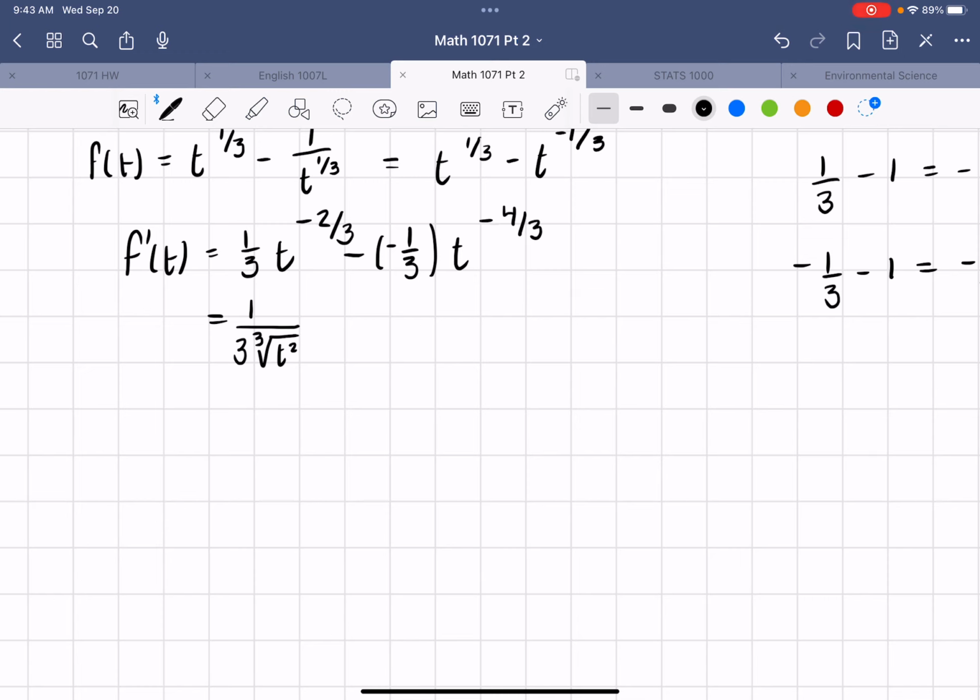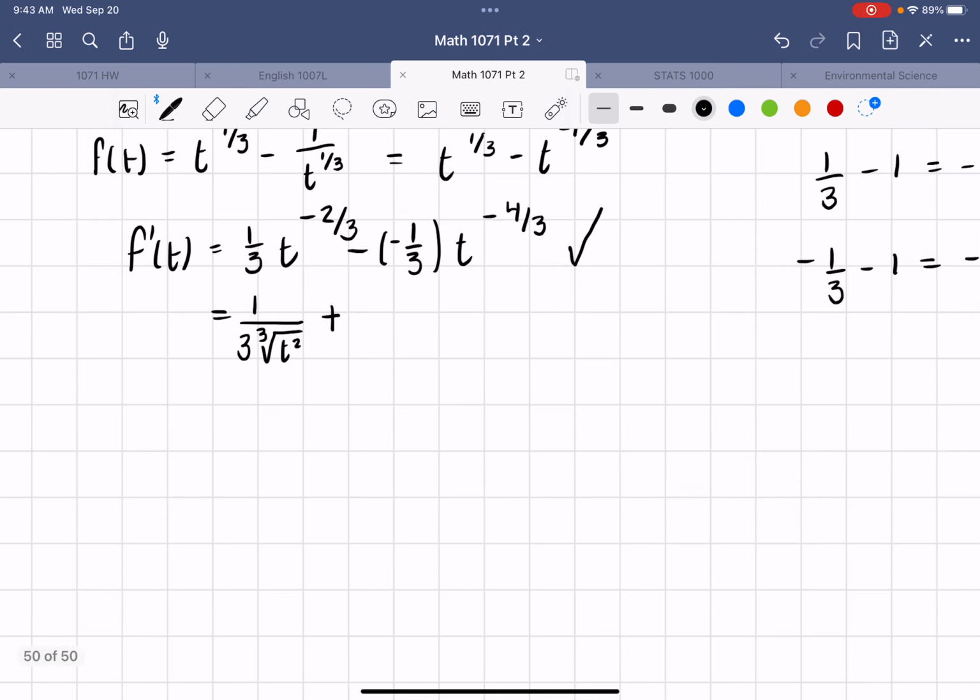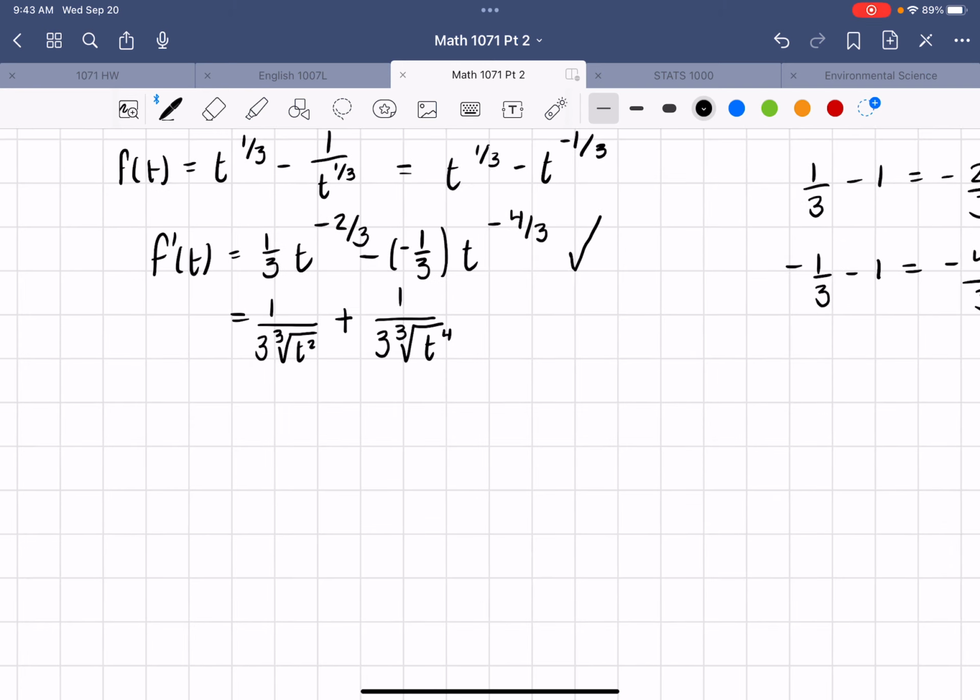The third means cube root of t squared. Here, minus minus is positive. And here in the denominator, you have 3. Notice the negative 4/3. The negative means you're in the denominator. The third means cube root of t to the 4th. Okay? So you may stop there, but you need to understand what those powers mean.